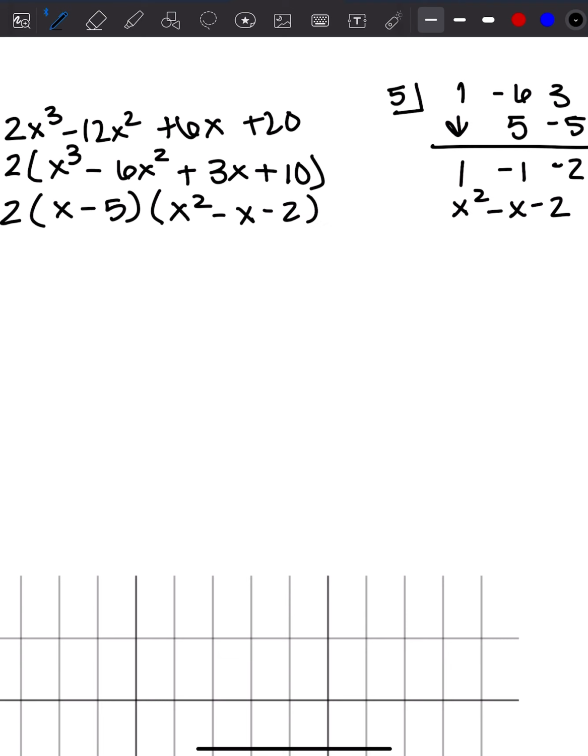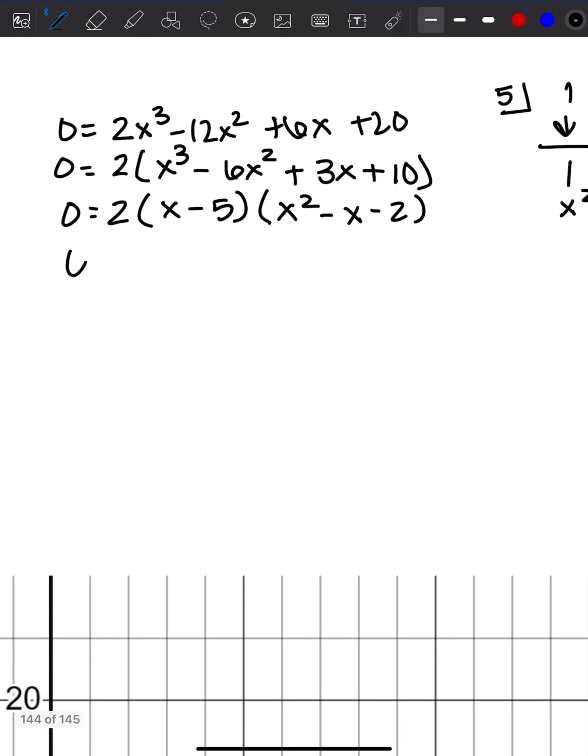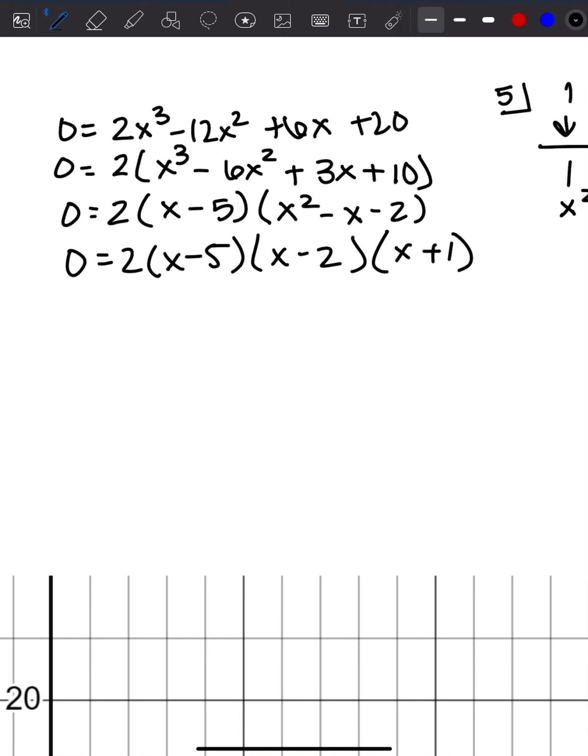I can factor x squared minus x minus 2. What multiplies to negative 2 and adds to negative 1 is negative 2 and positive 1. So I get this.